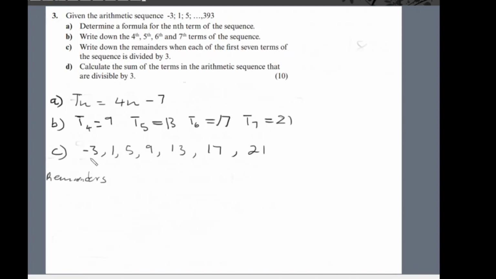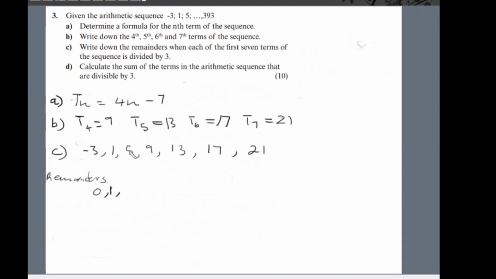So now the remainders. When you divide minus 3 by 3, you get minus 1, so there's no remainder there, that's why it's 0. And then divide 1 by 3. 3 doesn't go into 1, so we have 1 as our remainder, right?